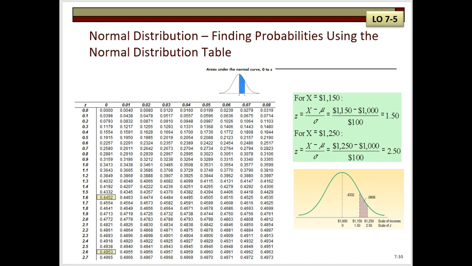We go down the left column to 2.5, move horizontally to the column headed 0. The value is 0.4938. This is the area between the z-values of 0 and +2.5. But since the area we actually want is the area between +1.5 and +2.5, we're going to subtract 0.4332 from 0.4938, and we're going to get our final answer of 0.0606.